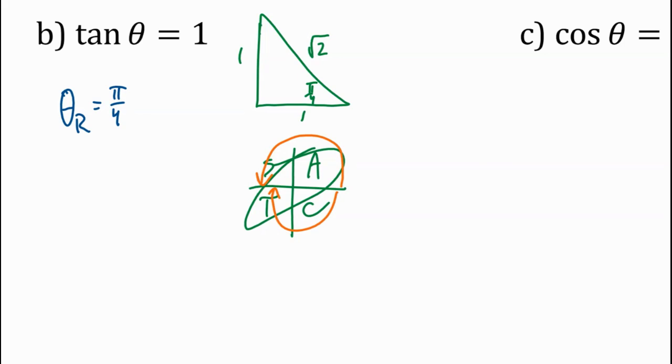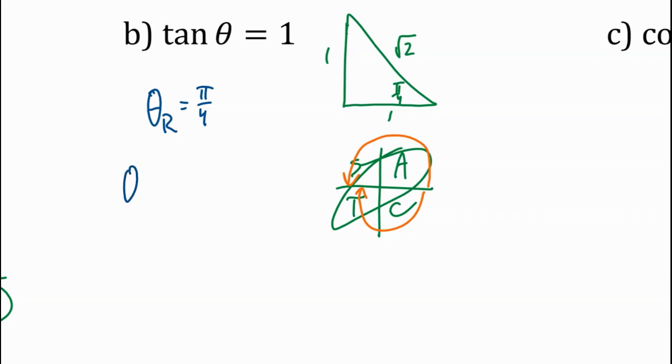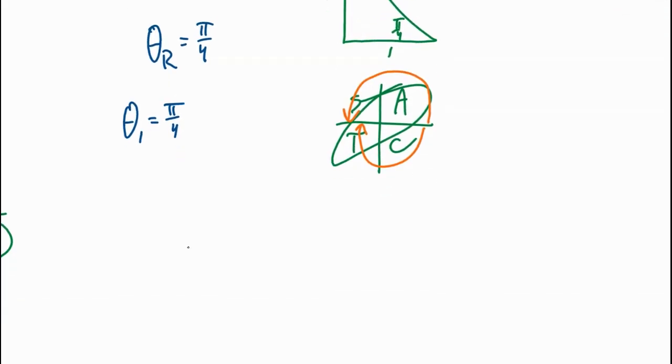To get to quadrant 1, it's the same as we've always been doing because I'm still rotating in that same direction, so it's just pi by 4. There's pi by 4 in quadrant 3.